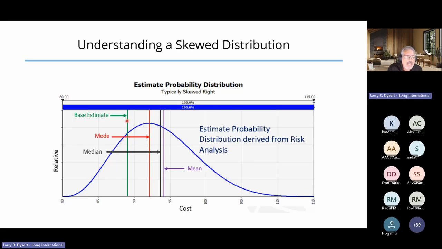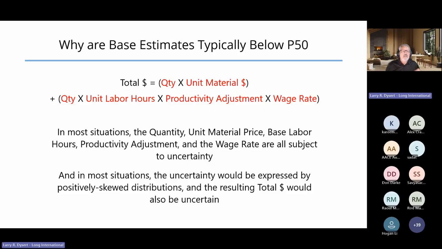Now let's look at why our base estimate is typically so far to the left of these distributions. So why is our base estimate typically below that P50 or median value? Again, coming back to our basic estimating algorithm of quantities times the material cost, plus quantities times the unit hours times a productivity adjustment for site conditions times the wage rate to get the labor component of our estimates.